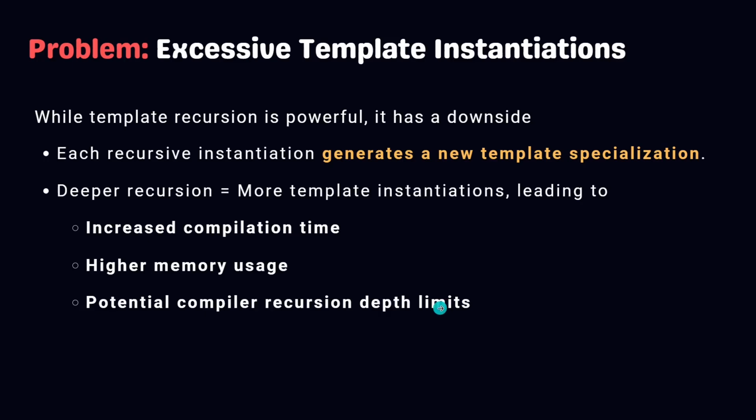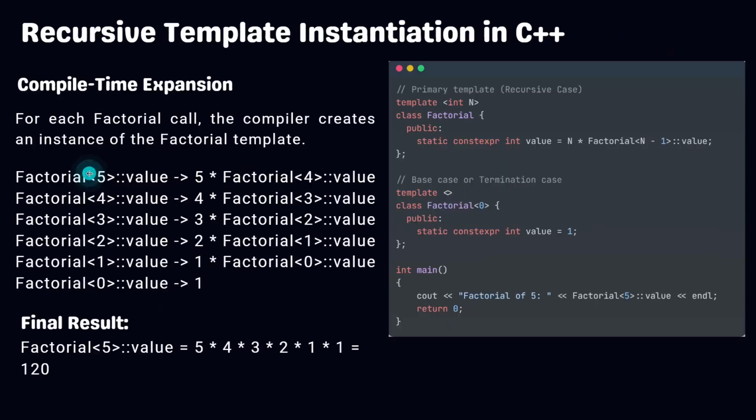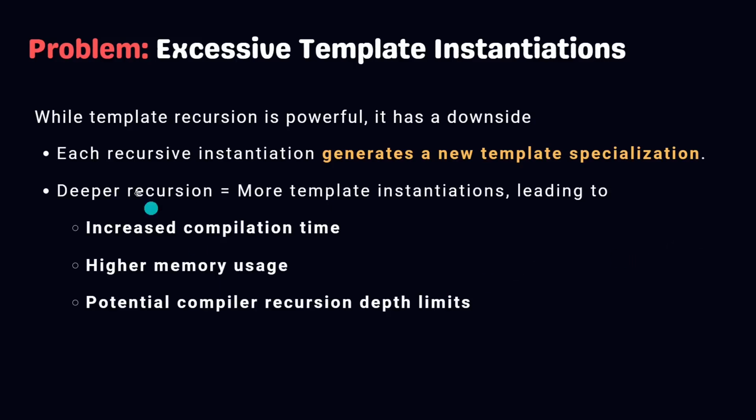If the compiler has a threshold value and is not ready to recurse after 500 calls, then it can throw an error. If I pass 1000 here, that is also a problem. So all these problems we have with the recursive template instantiation.